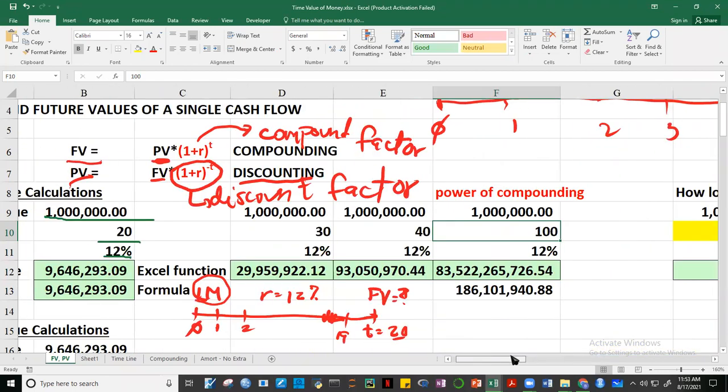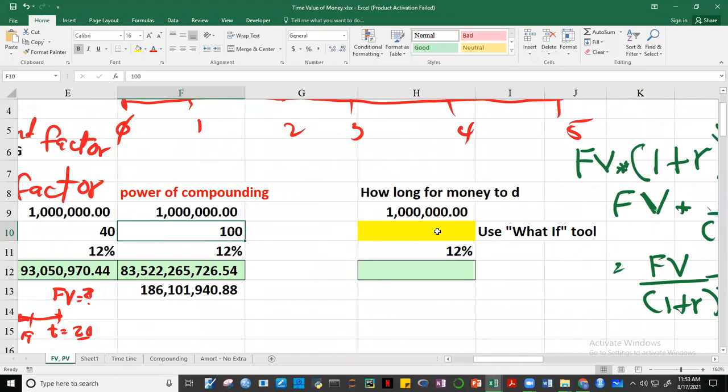Okay, now as the question, ito, paano to? No? How long will it take our money to grow, to double? Paano ba? Gaano katagal lalaki yung pera natin? Okay, kunyari, let's say, in 10 years, no?